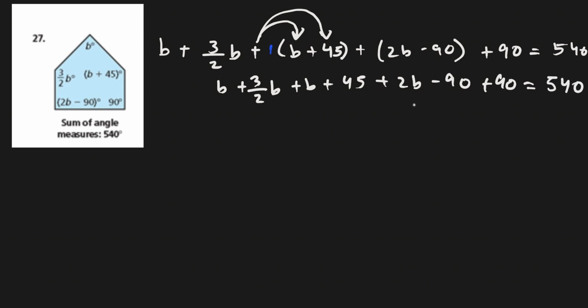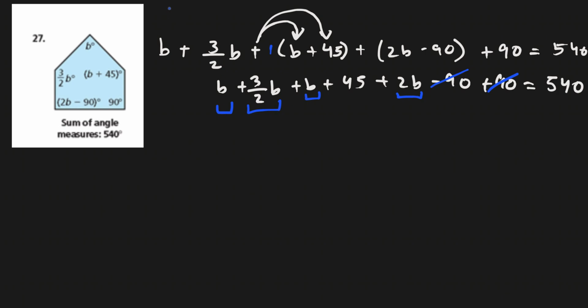Next, we want to combine like terms. I've said this in a previous video, and it's very true. Here we have the minus 90 plus 90, the immediate thing that I recognize. Those will become 0. Then we have a bunch of B terms.